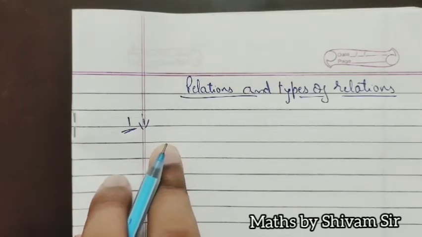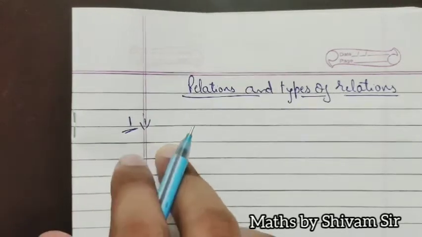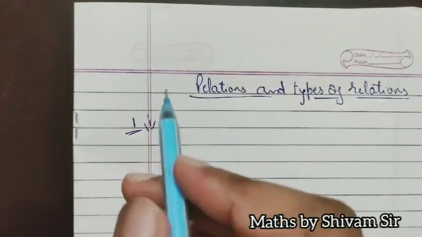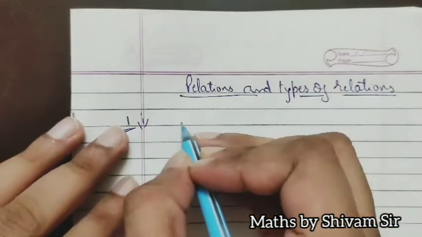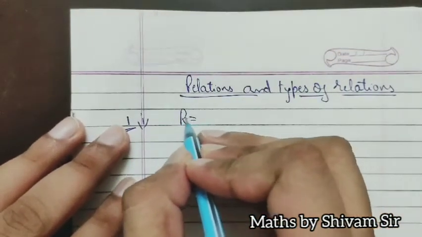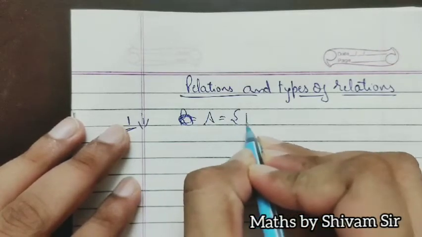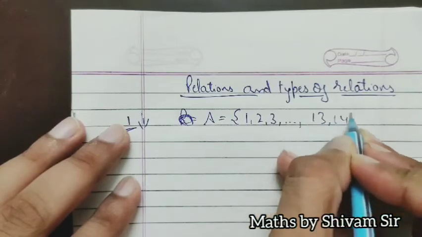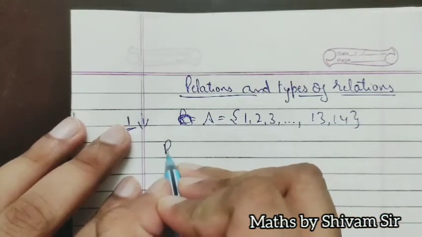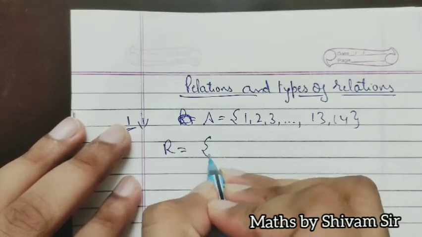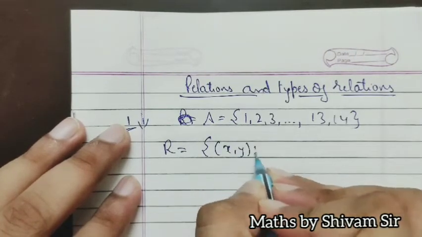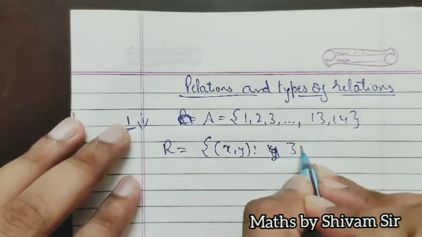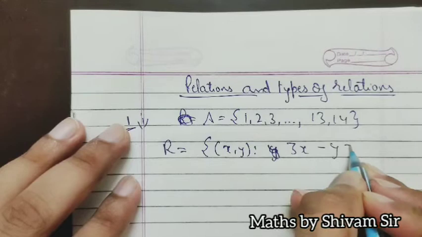So, part one: relation R in the set A, which is 1, 2, 3 up to 13, 14, is defined as R equals (x, y) such that 3x minus y is equal to 0.